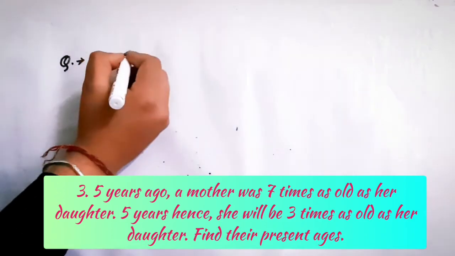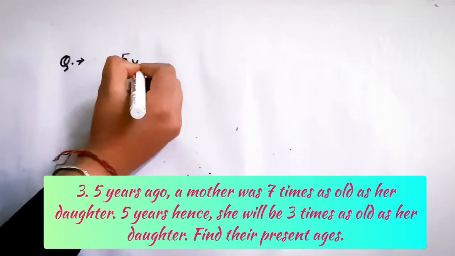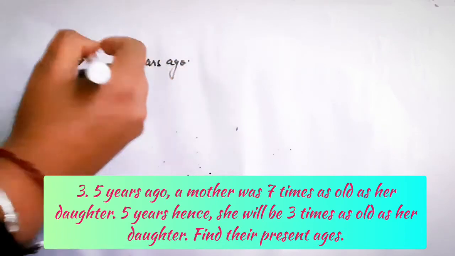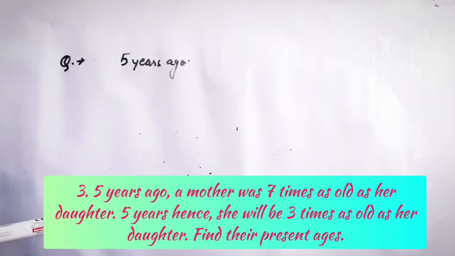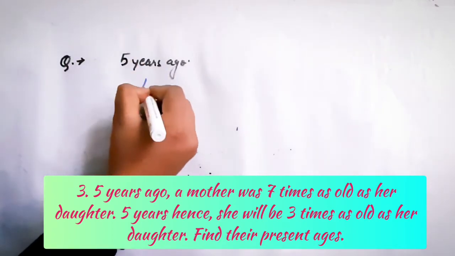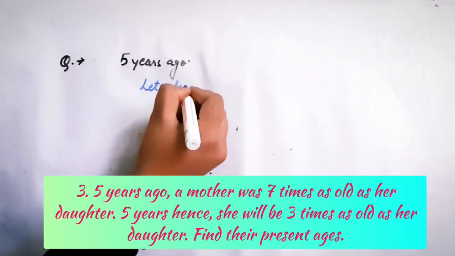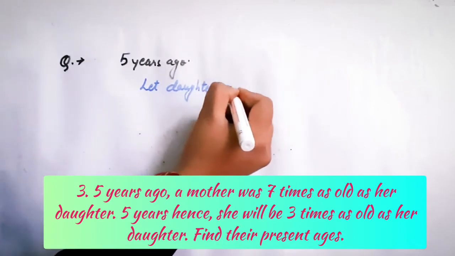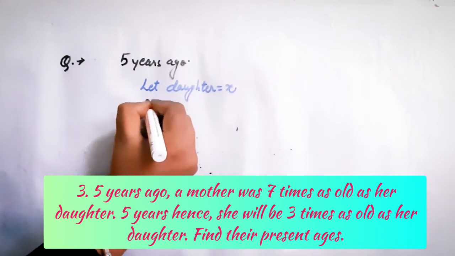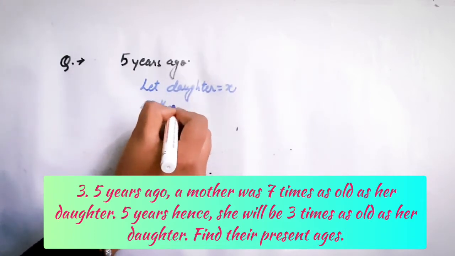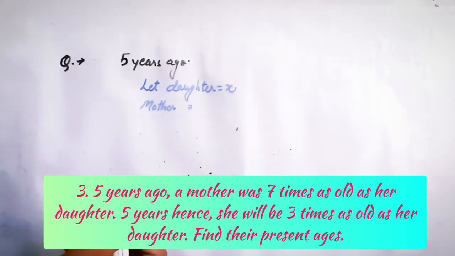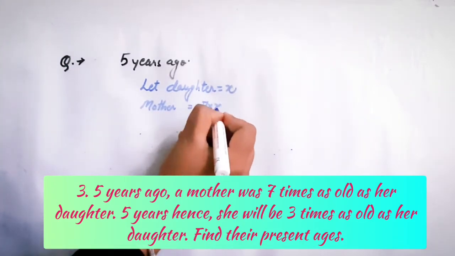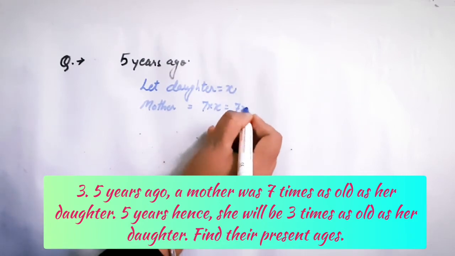So first of all we have to suppose their ages 5 years ago. Let the daughter be x and mother will be 7 times the daughter, that is 7 multiplied by x, which is 7x.